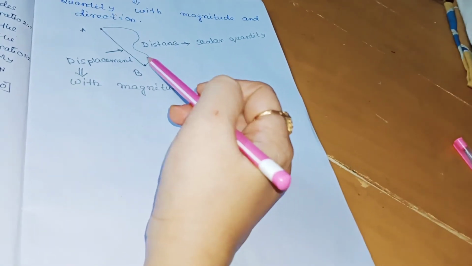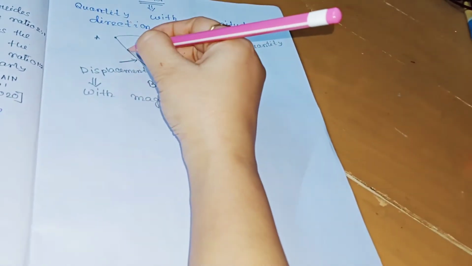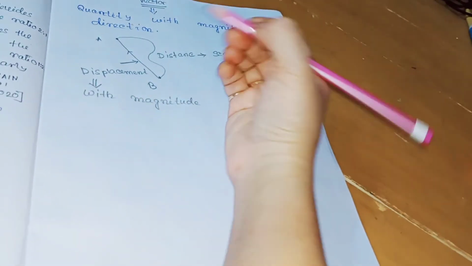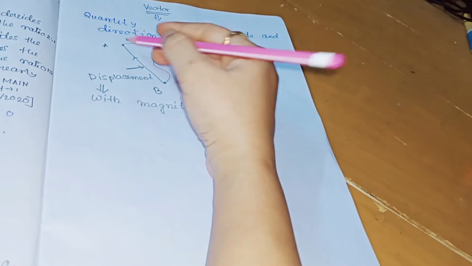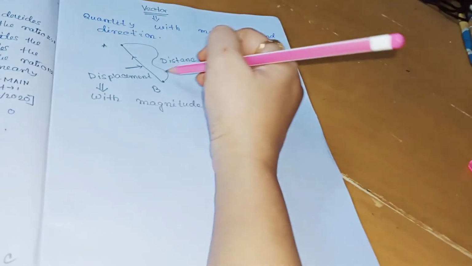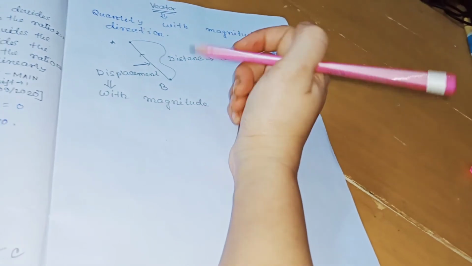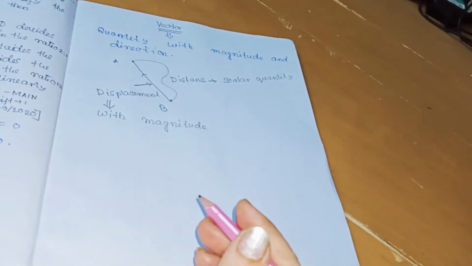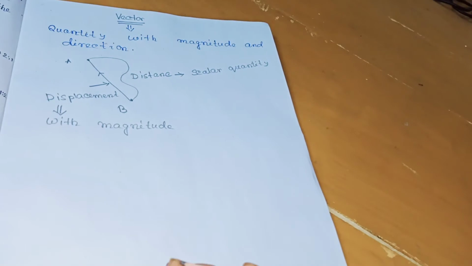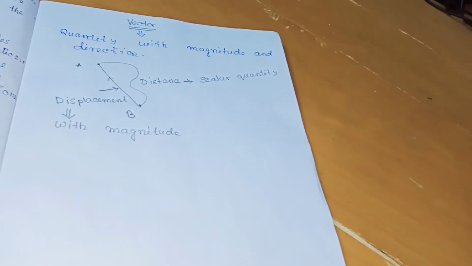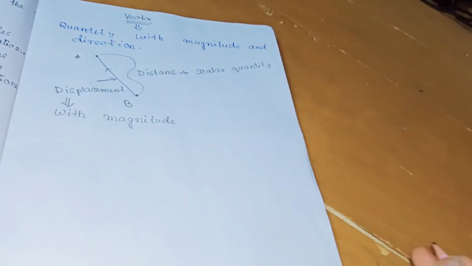So it is the magnitude of a vector, and the direction is just like this. It is B to A, or in reverse we call that a minus sign, that is A to B. So it always follows the vector law of addition.